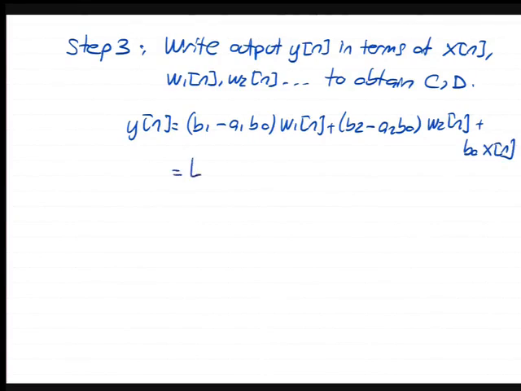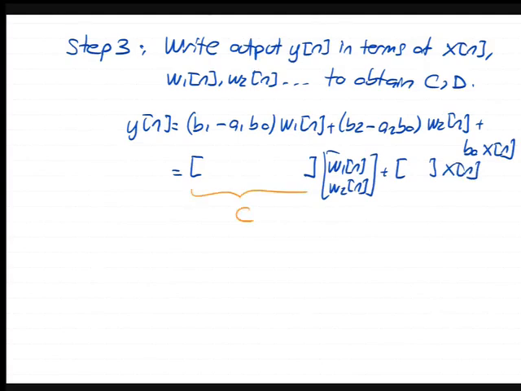So what I want to do is I want to write this as a row vector C times the state vector W1 of n, W2 of n. That will give me C. And then something times x of n. And that will be D. So this will be C. This will be D. D is clear. D is just that, right? So B0 goes here. So what are the entries of C? It's this and that, right? B1 minus A1 B0 and B2 minus A2 B0. Okay?